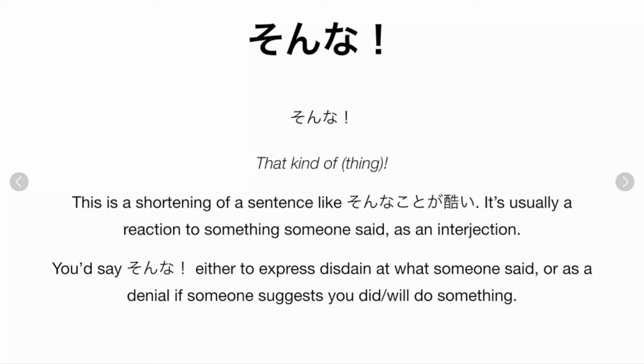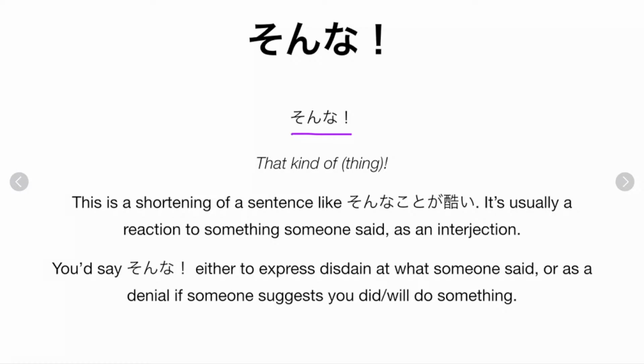In fact, sonna koto ga hidoi is just shortened to sonna, and it's an interjection. So if someone says something you don't like, you can say sonna. For example, if someone accuses you of murder, right?